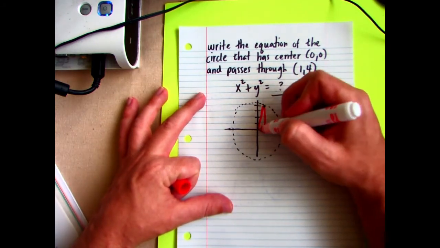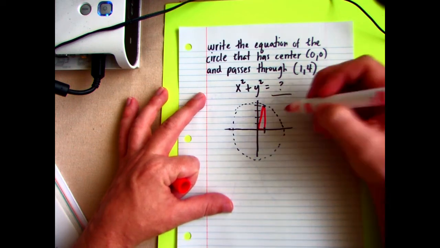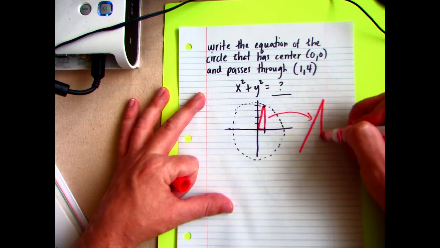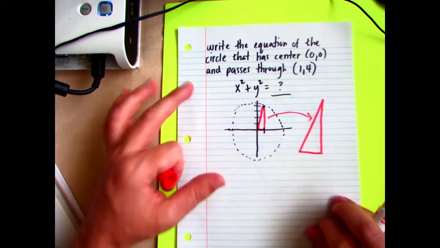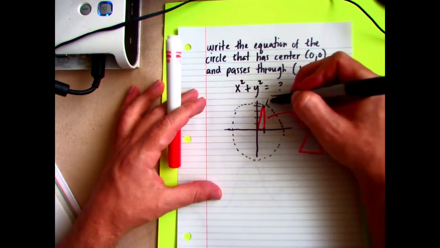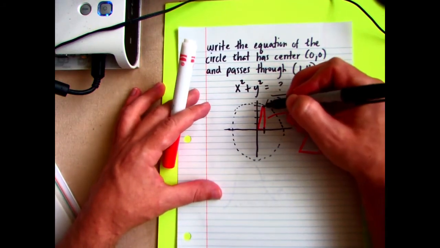So to get my radius, I'm going to want to draw the right triangle. To see it a little better, I'm drawing it out on the side here. I want to know what the radius is, so I want to know what the hypotenuse is.